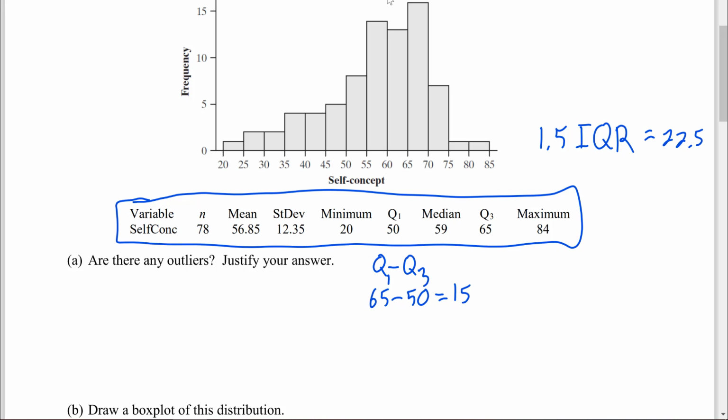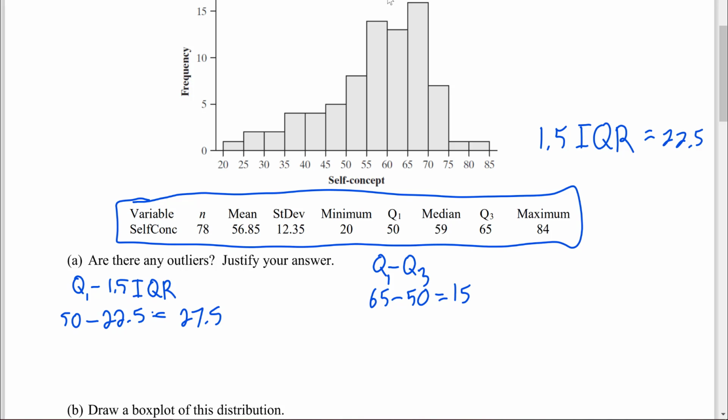So we take Q1 minus 1.5 IQR. So I'm looking at 50 minus 22.5. Oh, looks like we might actually end up with one. And that will come up with 27.5. Okay, so we'll come back to that.